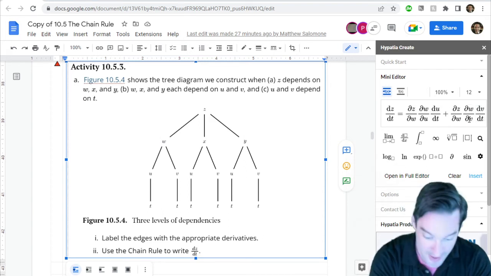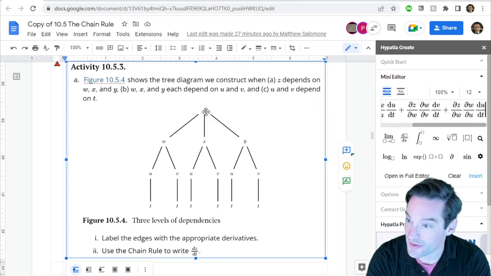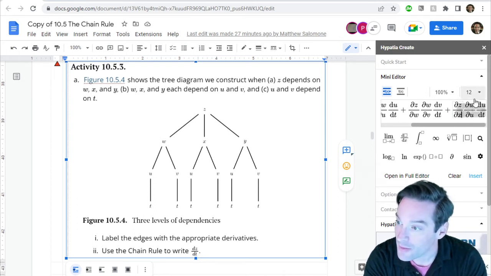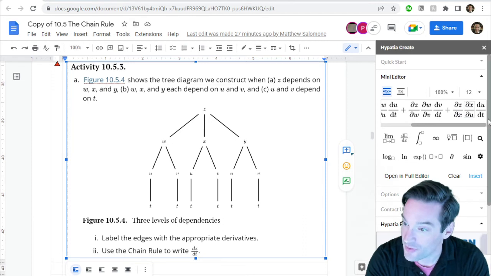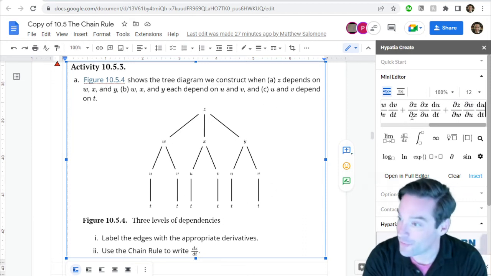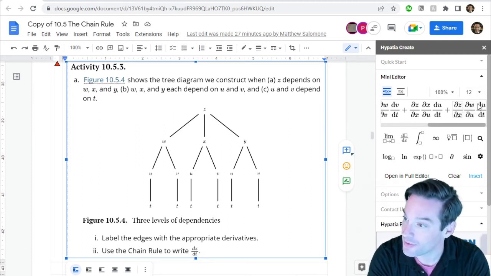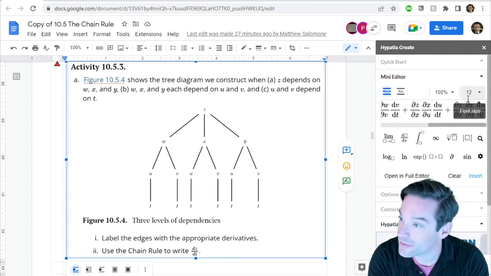And then our next branch goes from z to t by way of x, followed by u, followed by t. So instead of w, we will put an x there instead. And then the x goes through u and then goes through t, so that's the third branch. And then we have a fourth branch that goes through x but goes through v after that. So we replace the w's with x's, and the u's get replaced with v's.